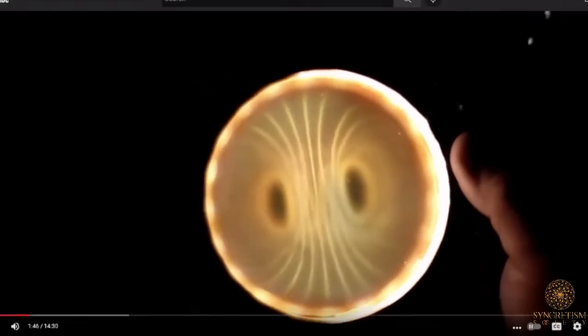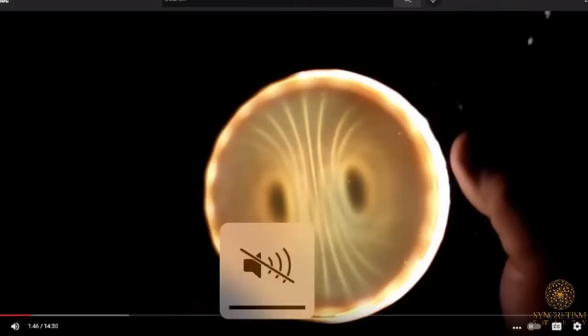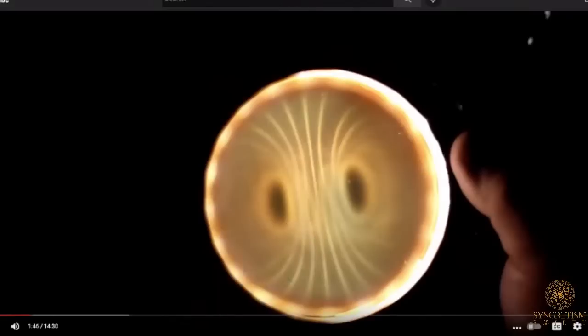Now he's gone and turned the magnet to its side, and this here is the plane of inertia. Notice how the hyperboloid now is 2 holes, because that's how it's expressed. That's how you see it stereographically. Okay, but this is a holographic projection here.